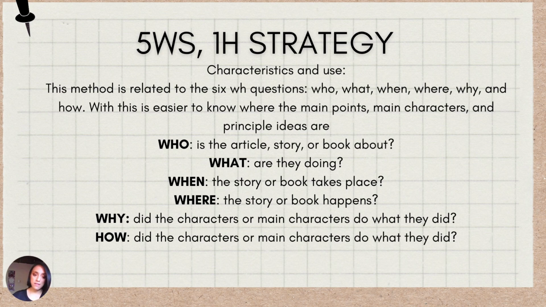So it goes like this. Who is the article, story, or book about? What are they doing? When does the story or book take place? Where does the story or book happen? Why did the main characters do what they did, and how did they do it?